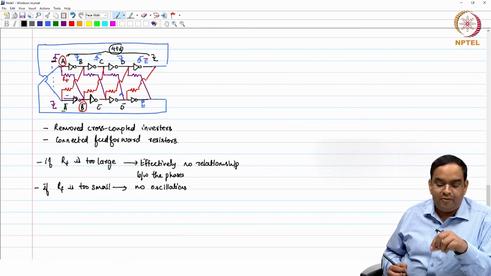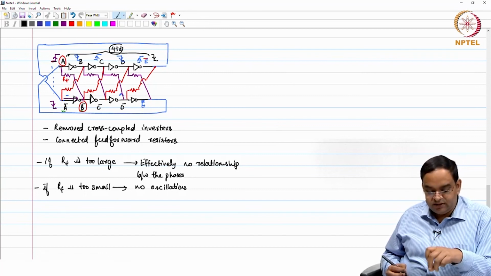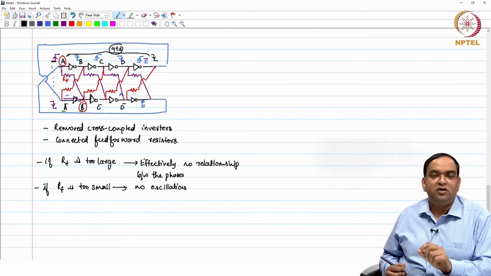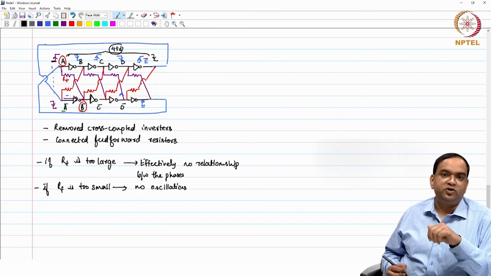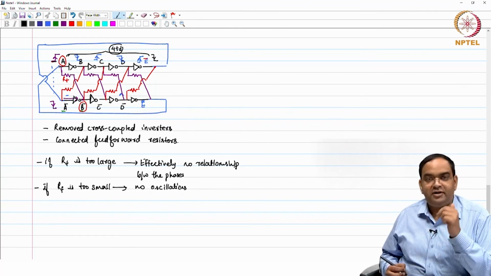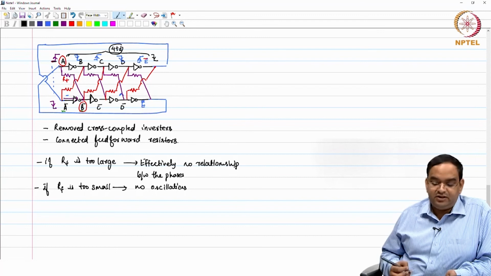So, you have to optimize this value of RF, such that your oscillations are also maintained and your phase relationship is also there, and that you can find out using simulations, okay, mismatch simulations and regular simulation for the oscillation in this circuit, right.